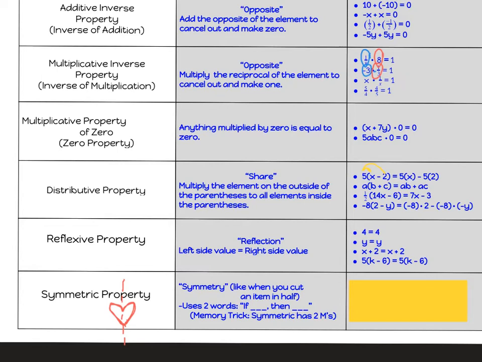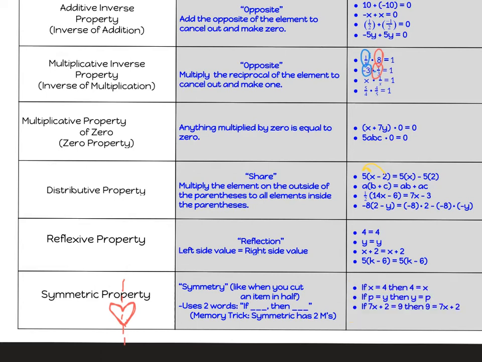So that is like the basic gist of this property. This property is going to use the words if and then. So if blank, then blank. Another memory trick with this specific property is that it has 2 M's. So think of that, and we need if and we need then and 2 M's in symmetric.